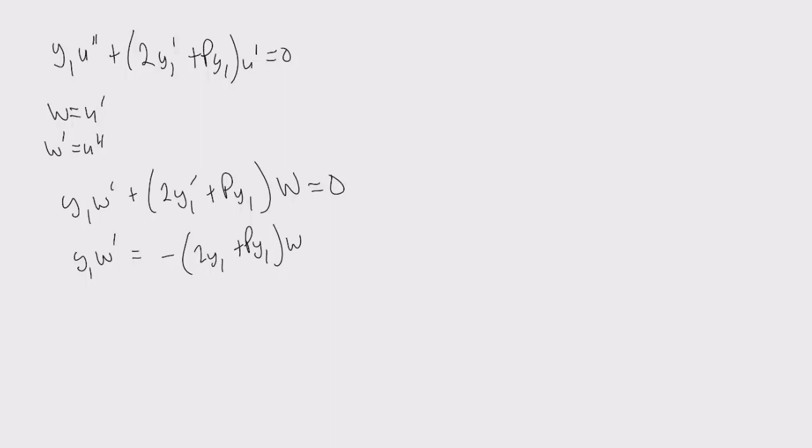Then if we separate, I'm going to get w prime over w equals negative 2 y1 prime over y1 plus p y1 over y1.